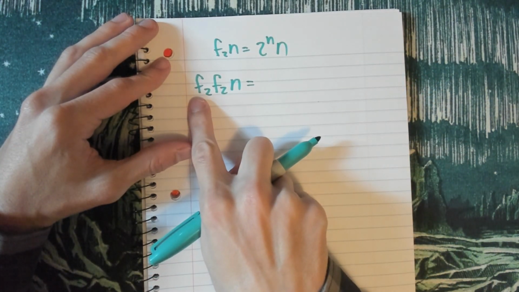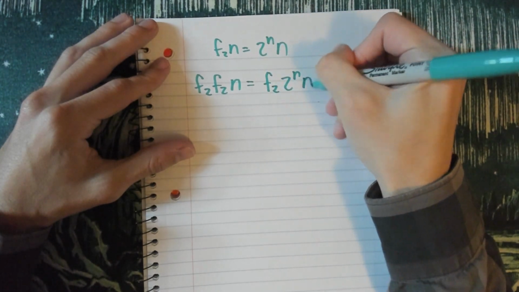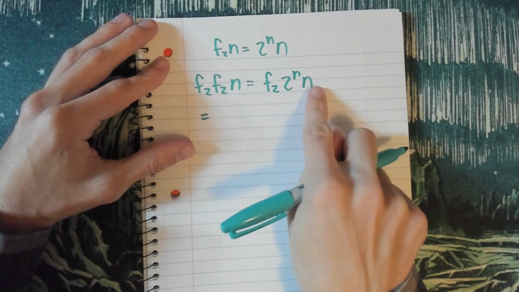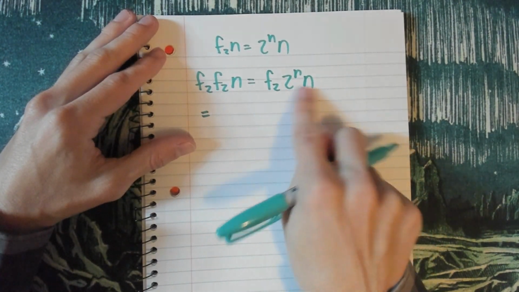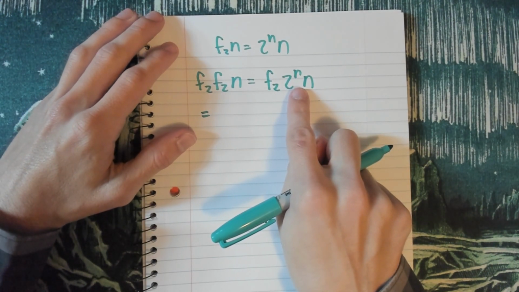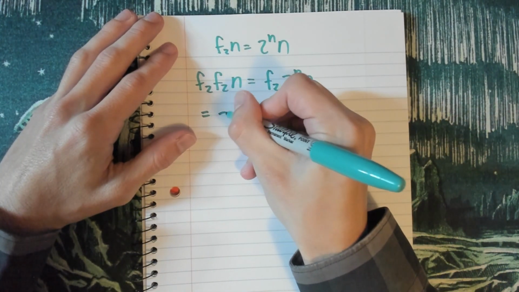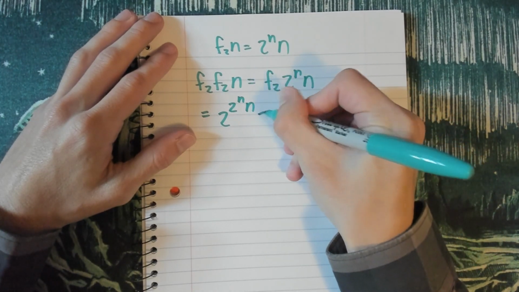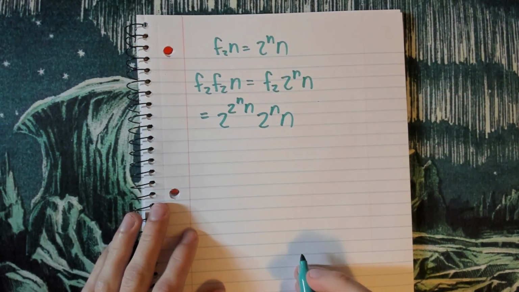Now we have f2 of 2 to the n, which means if this is, I don't know, what's a cool animal, like a sloth, right? So we're going to have 2 to the power of a sloth times a sloth. So that's what applying f2 twice does.